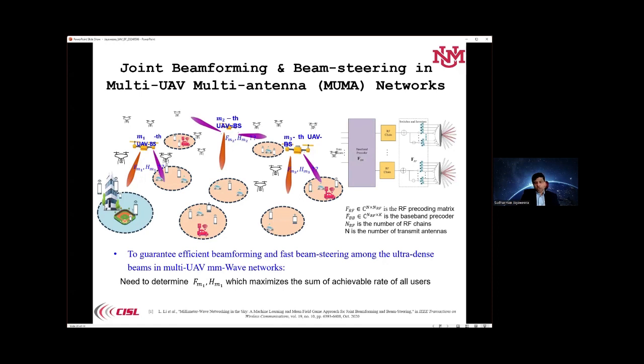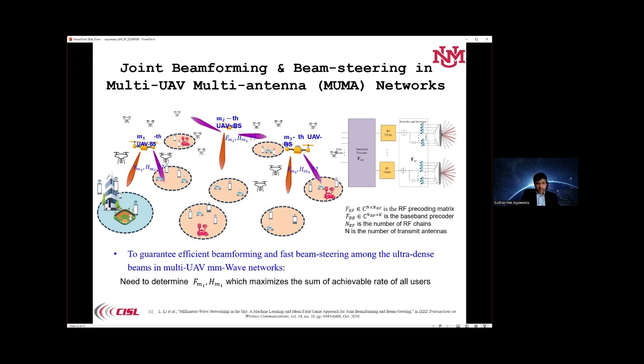So with this structure, you can do various forms of 3D beamforming in UAV communications. So I'm going to review several state-of-the-art 3D beamforming approaches in UAV communication networks that have been recently considered in literature. And these are, of course, not everything, but just some representative cases.